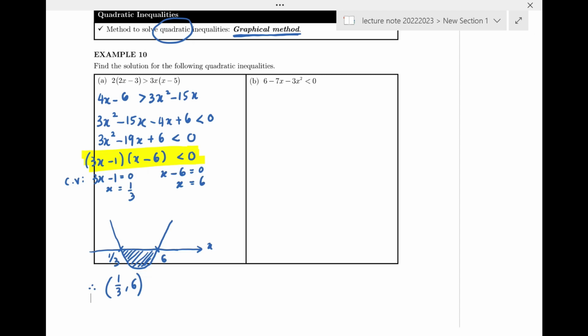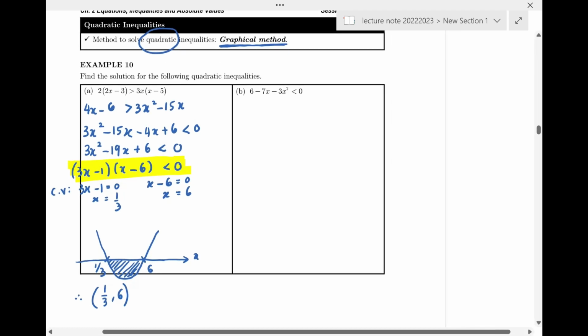Okay, so we go to B. So this is what I mean by having the negative quadratic expression on the left side. If I were to rearrange this one first, I will get negative 3x squared minus 7x plus 6 less than 0. So we have here negative x squared. So what do I do next?